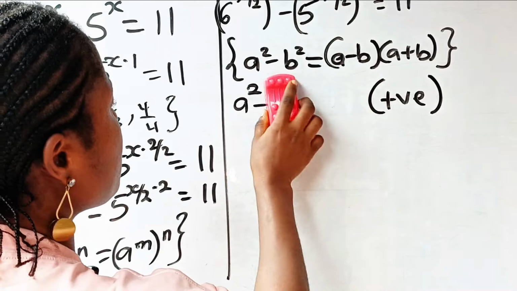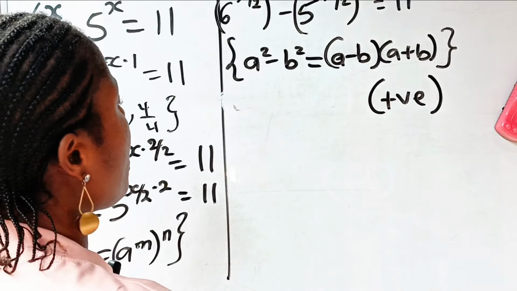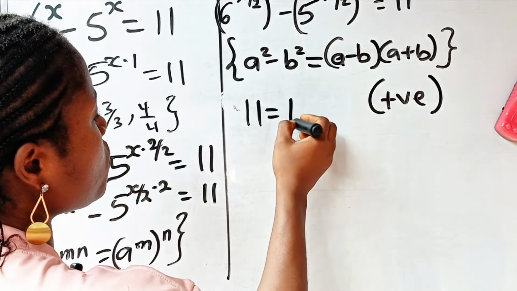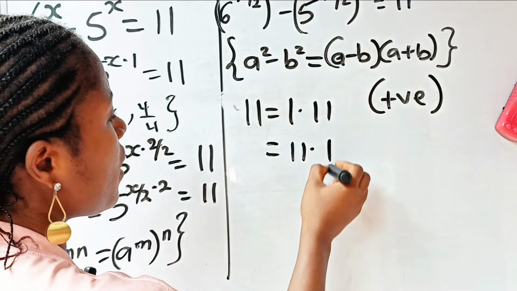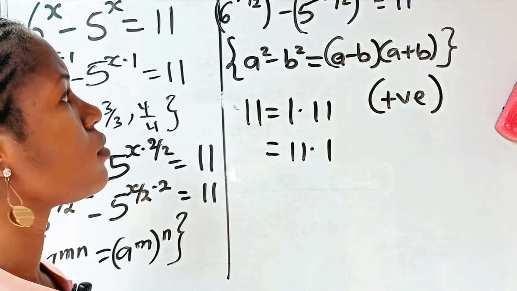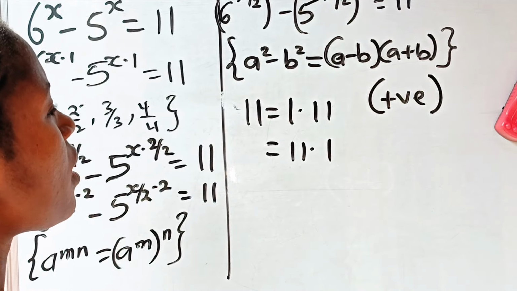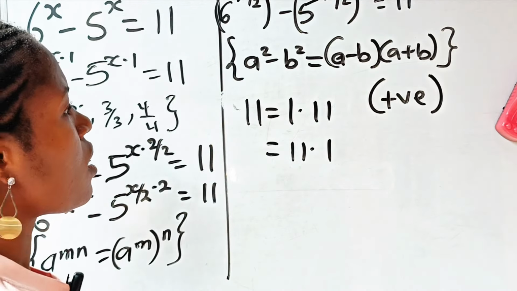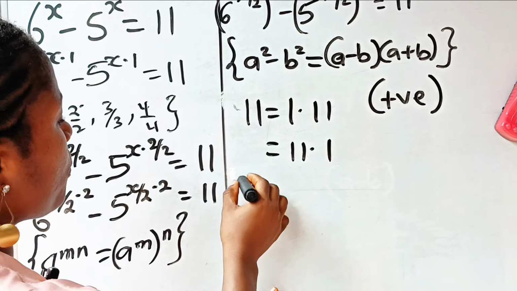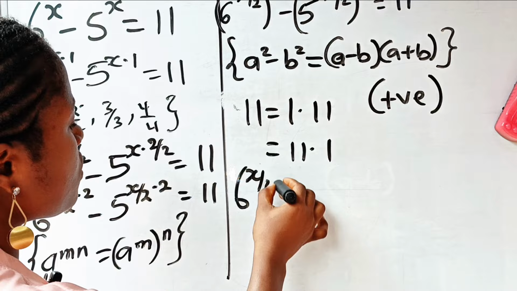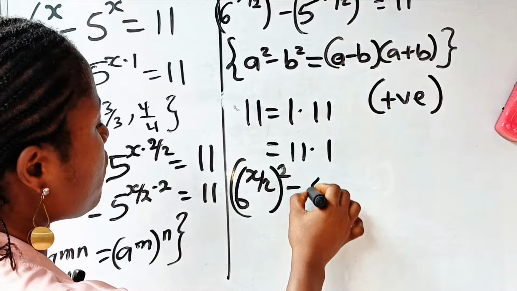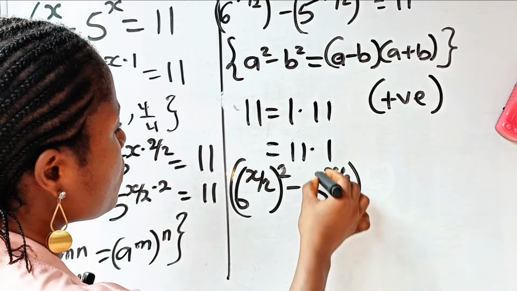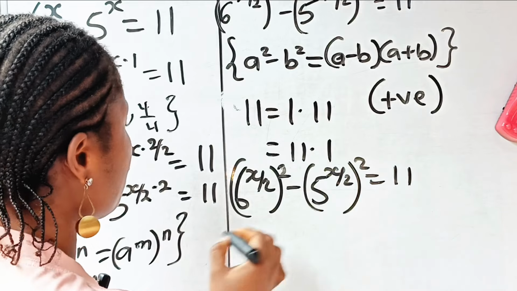Okay, now having established these things that I just said, we can go ahead to consider one thing again. 11 is the same thing as 1 multiplied by 11, which is also equal to 11 multiplied by 1. Okay, therefore it simply means that 6 to the power of x over 2 all squared minus 5 to the power of x over 2 all squared equals 11.